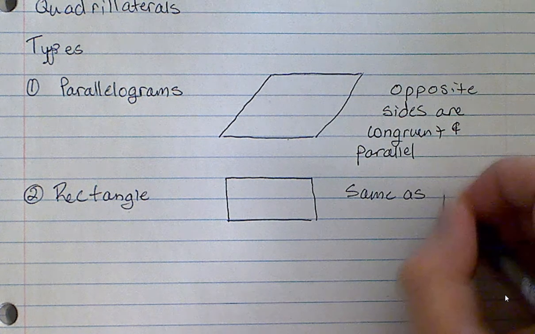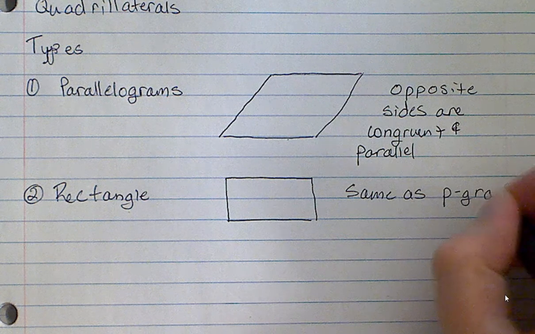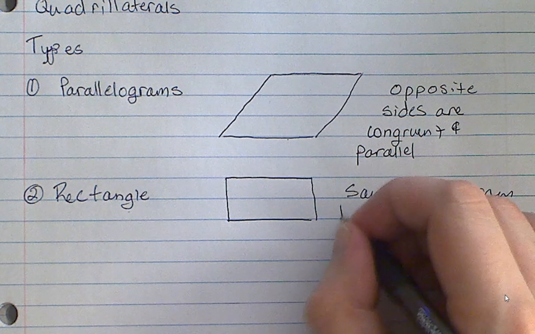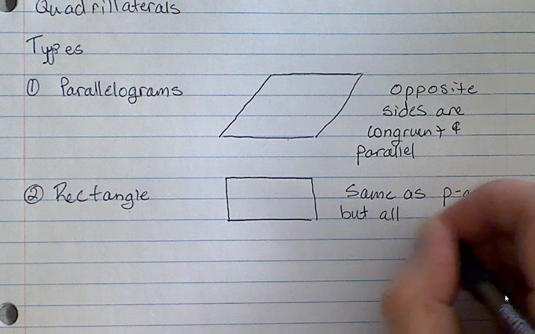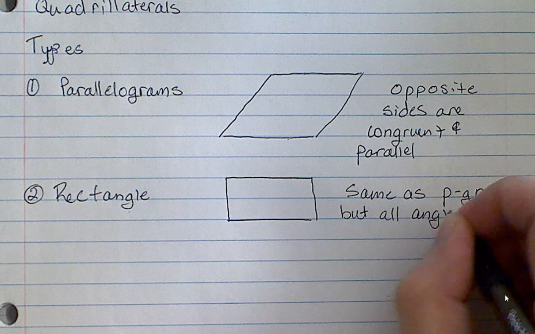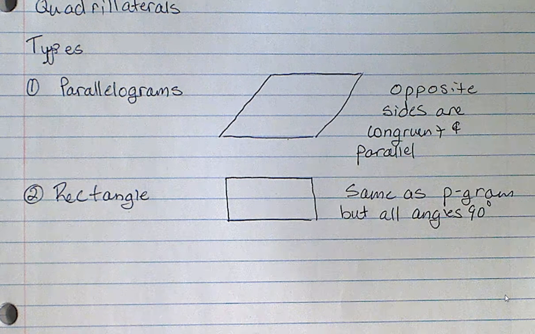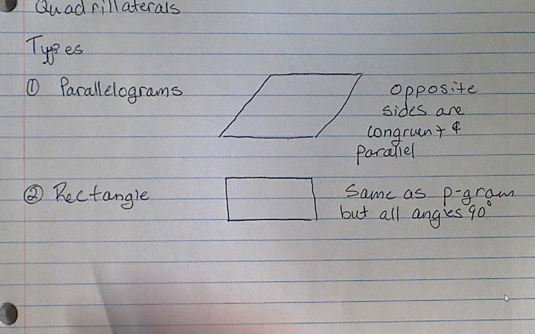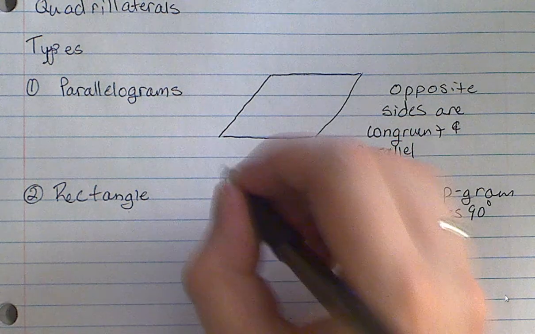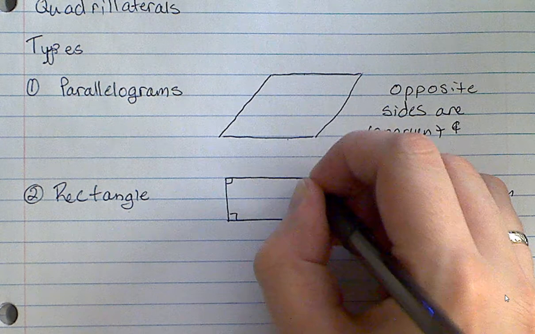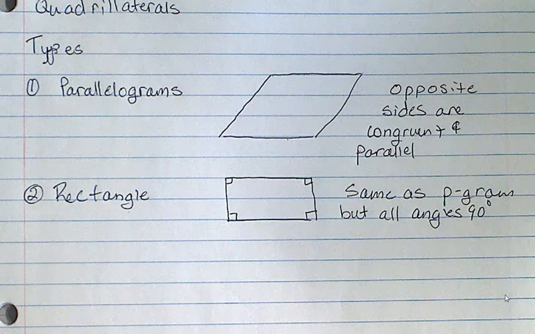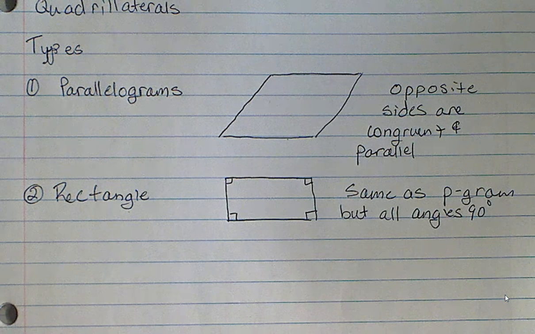I'm going to call it a p-gram. But all angles 90 degrees. So to draw it in as 90 degrees, I'm going to do these boxes here. Okay, so every rectangle is a parallelogram, but not every parallelogram is a rectangle.